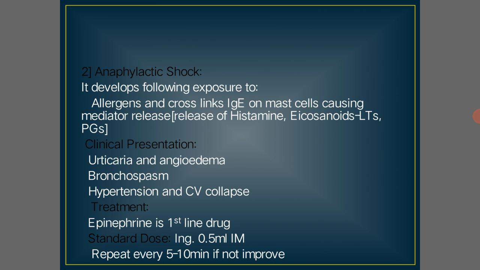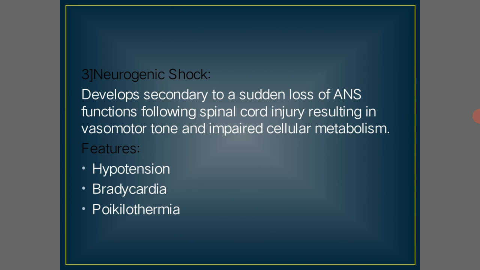Clinical presentation: urticaria and angioedema, bronchospasm, hypotension, and CV collapse. Treatment of anaphylactic shock: epinephrine is the first line drug, standard dose 0.5 ml intramuscular injection. Repeat every 5 to 10 minutes if not improved.